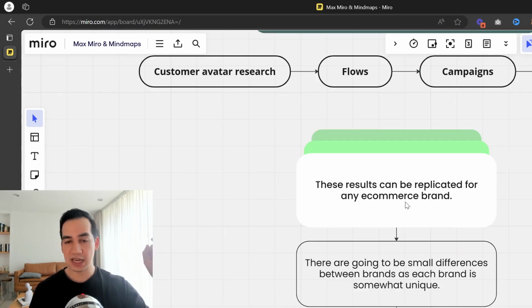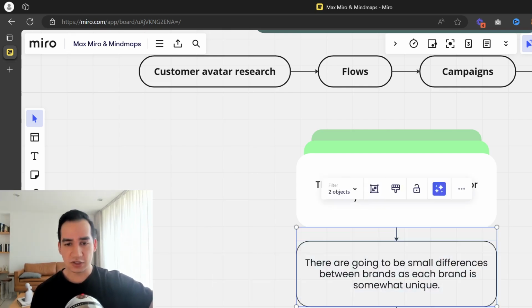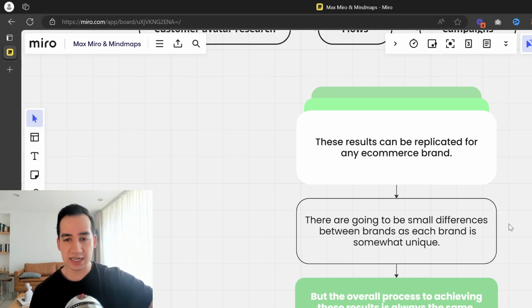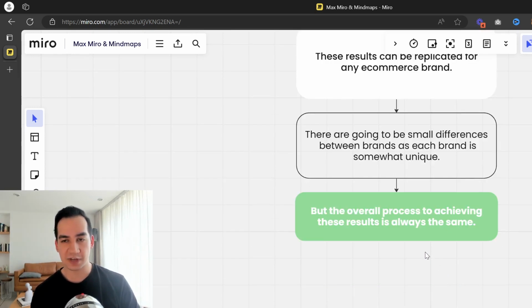These results can be replicated for any e-commerce brand. We've done it for 40-plus different brands with close to 100% success rate. There are going to be small differences between brands as each brand is somewhat unique, but the overall process to achieving these results is always the same, and we have perfected this process.